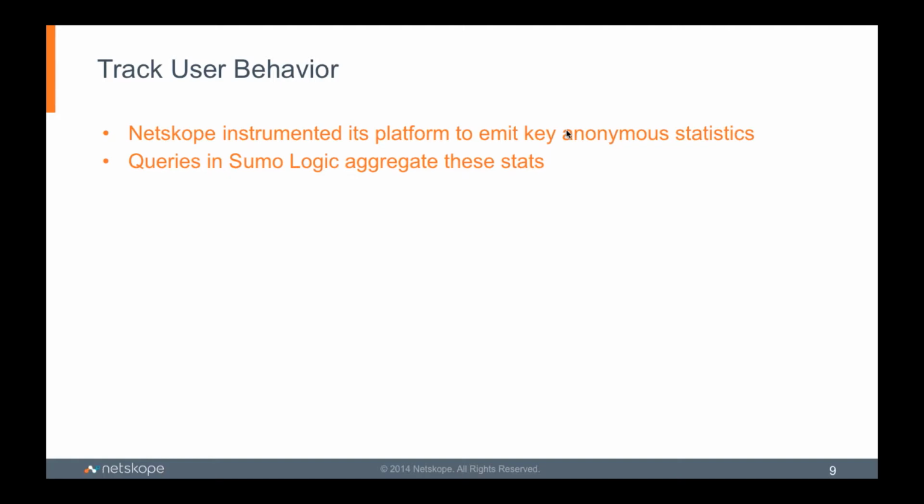We use that instrumentation to run certain queries in Sumo Logic to aggregate these statistics. And we also run daily reports to gain some customer insights, to find out what an aggregate group of customers did over a period of a day. This is actually very important for us to track.